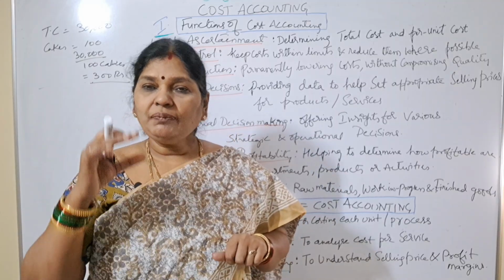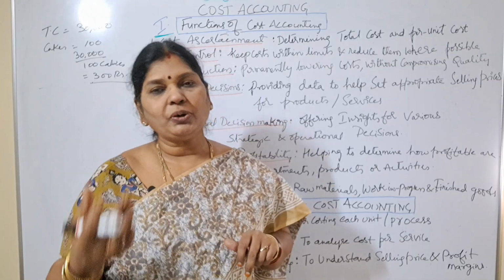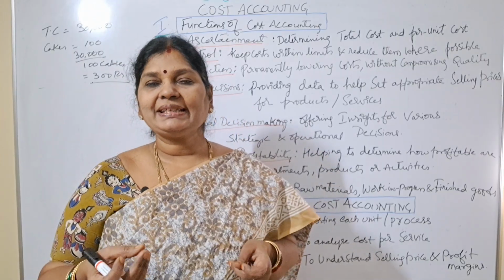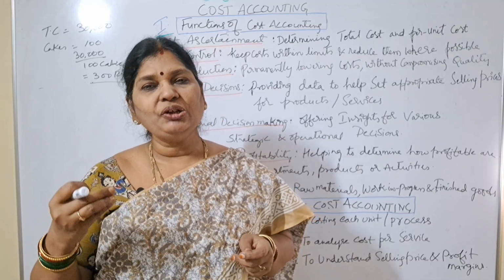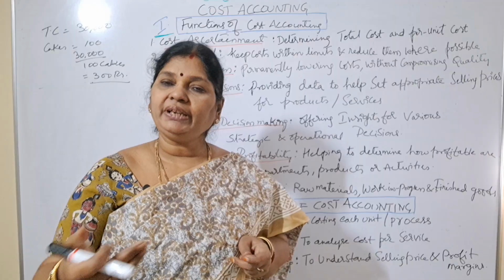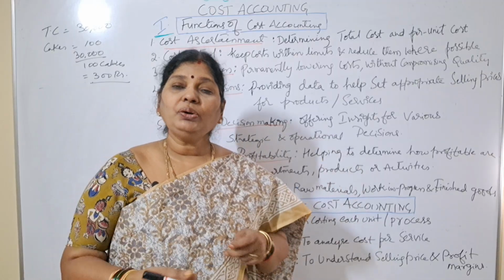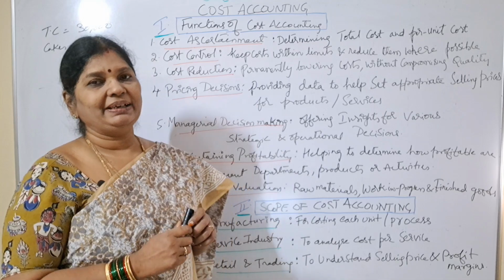So if Amul wants to know which product is giving them more profit, which product is giving less profit, which product is not making any profit, or which product is suffering losses, they can know only when they get data from the cost accounting department, right?